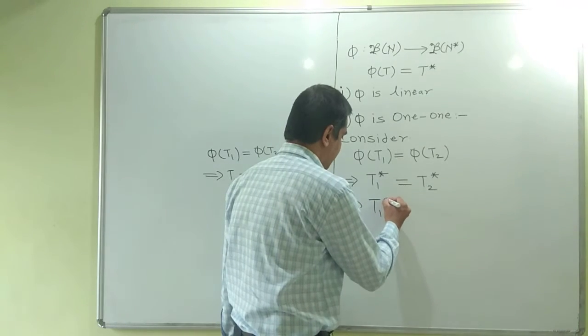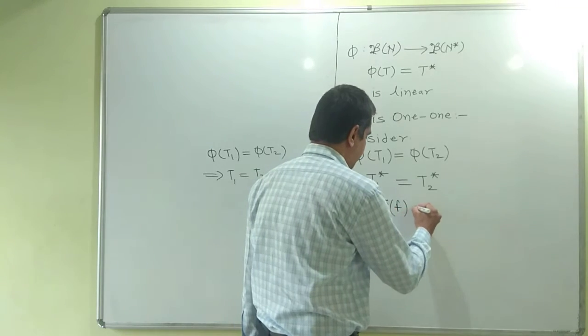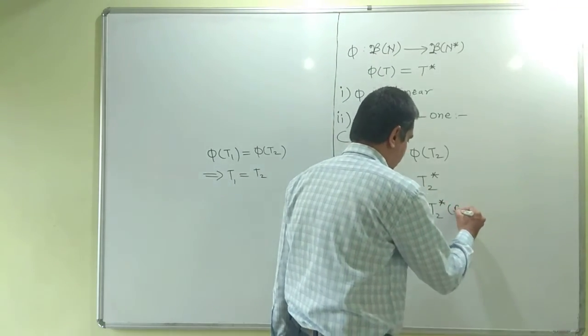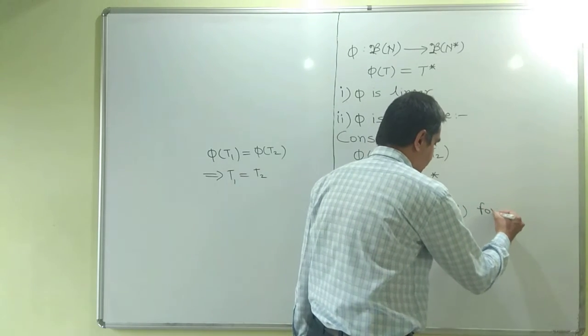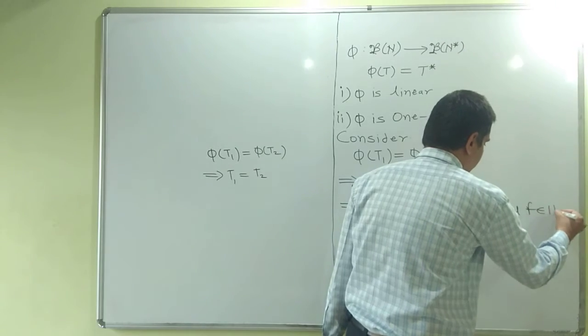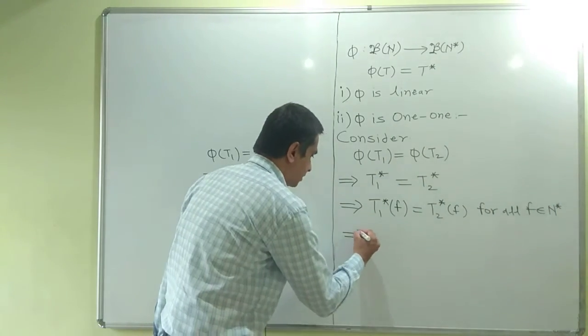So this implies that T1 star of f equals T2 star of f for all f in N star.